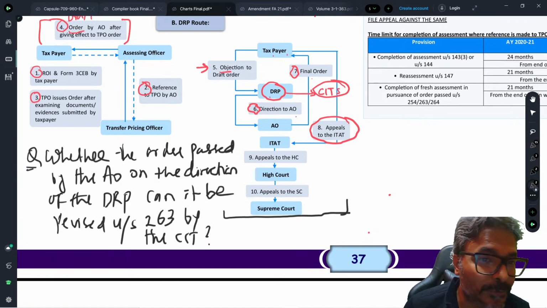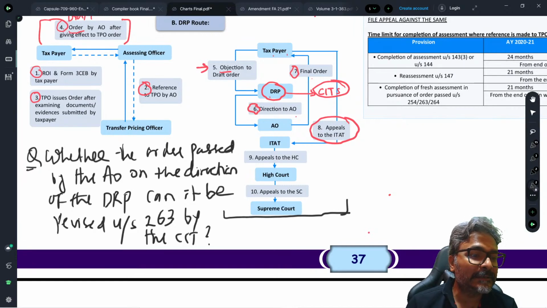I'm repeating the question: whether the order passed by the assessing officer on the direction of the DRP can be revised under section 263 by the CIT? Students, what is your take on that? Quickly!